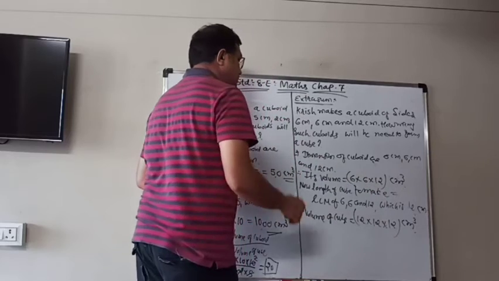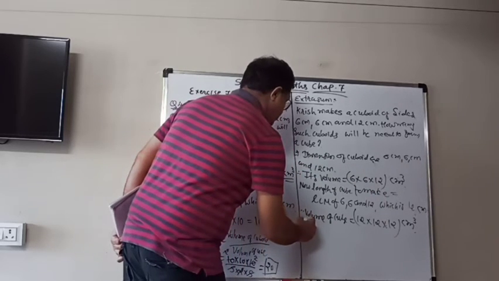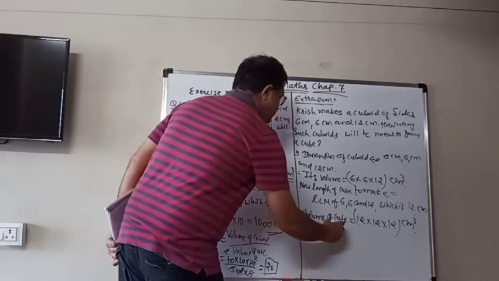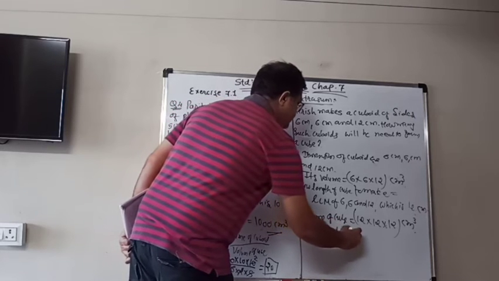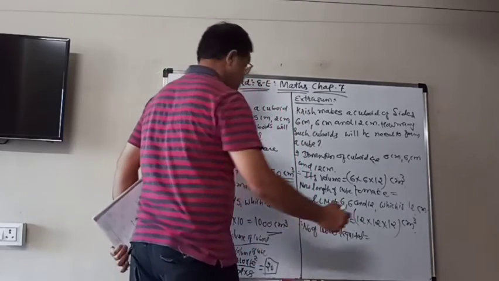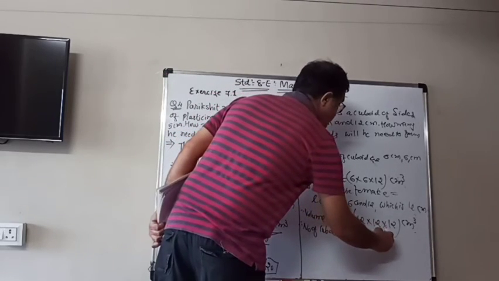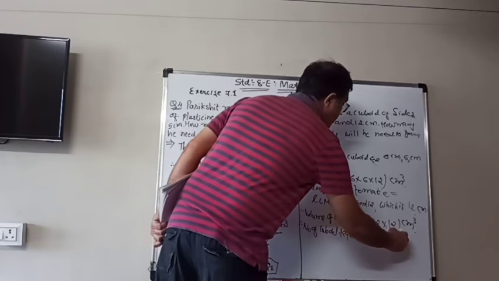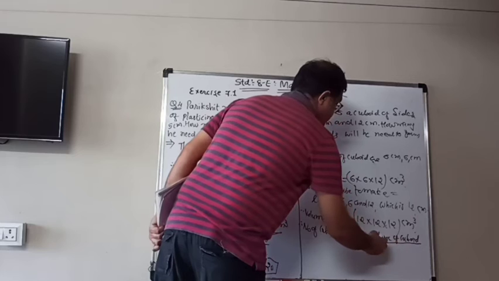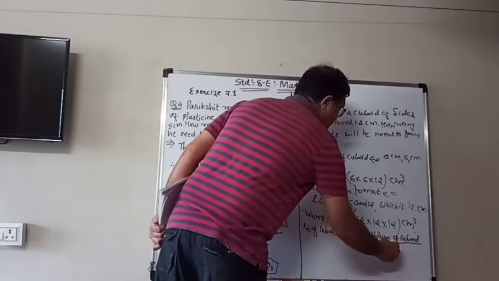Don't need to multiply here also. Therefore, the number of cuboids required is equal to the volume of the cube divided by the volume of the cuboid.